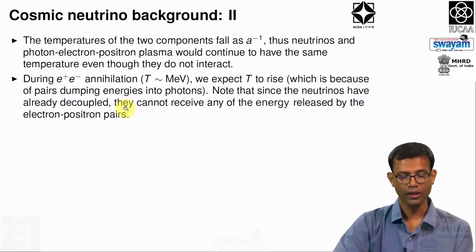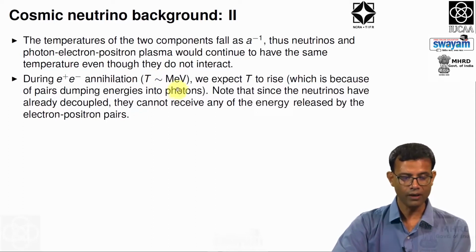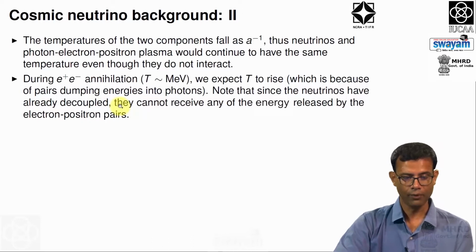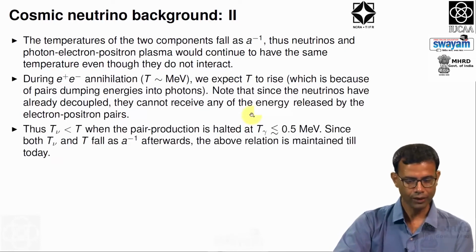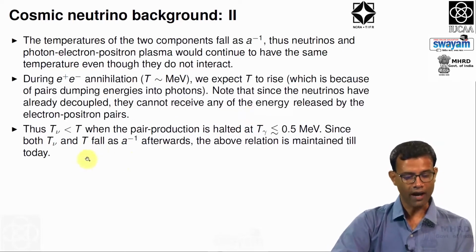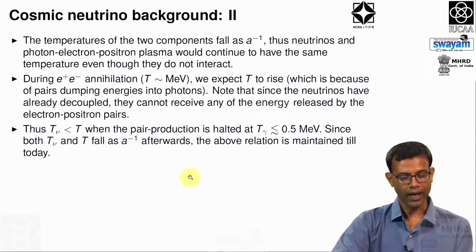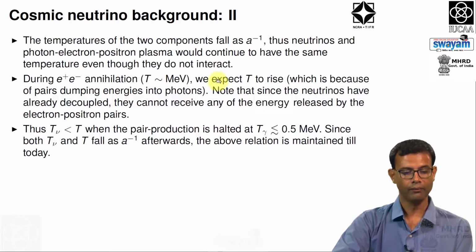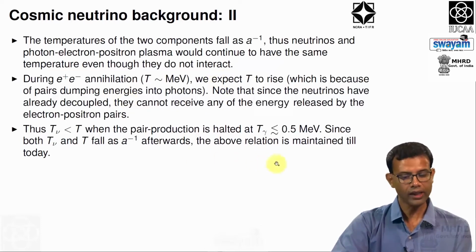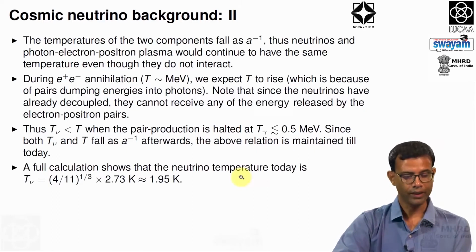So the neutrino temperature will fall as 1 by A. For photons, the temperature was initially falling as 1 by A. Then when the temperatures are of the order of an MeV, when this annihilation happens and the pair production stops, the temperature of the radiation rises a bit, and then again keeps falling as 1 by A. After that, the neutrino and radiation temperatures both fall as 1 by A, and whatever relation between them was set during the electron positron annihilation is maintained till today.